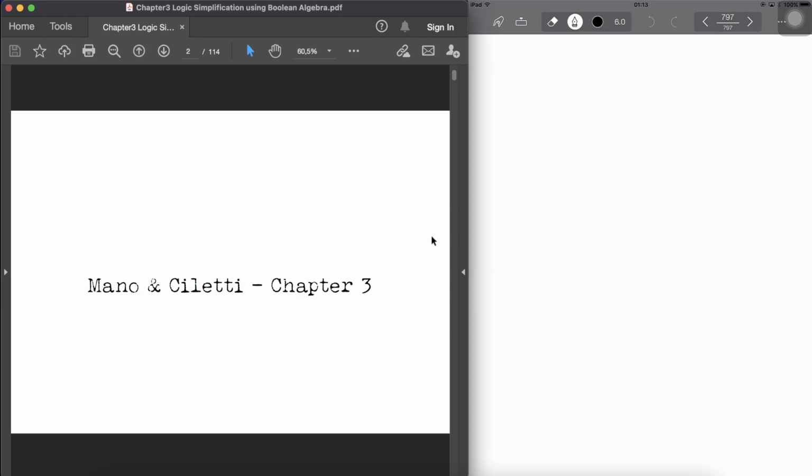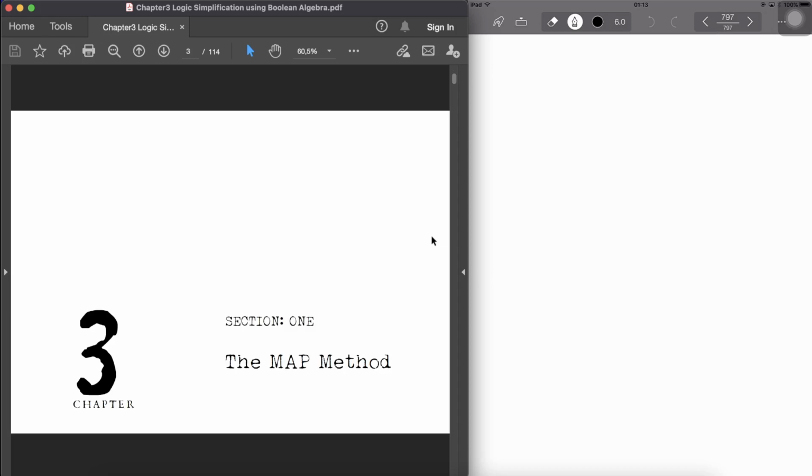In this chapter, Chapter 3, we are going to see another method, which we call the map method. I will first give you a brief overview of what a map method is, and then we'll see different numbers of variables and apply the map method to those variables.